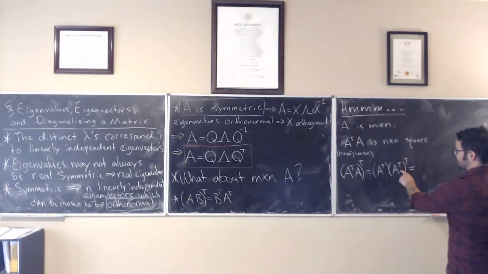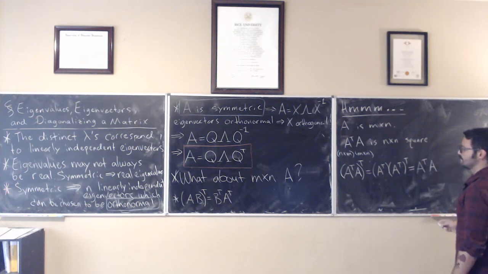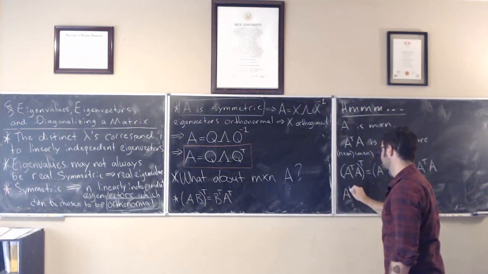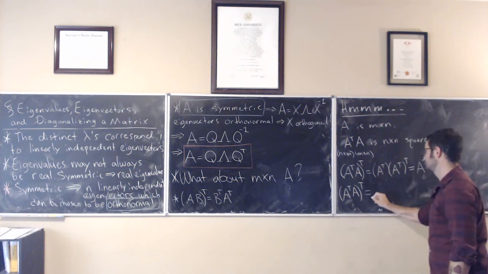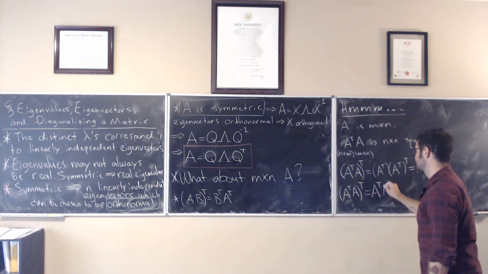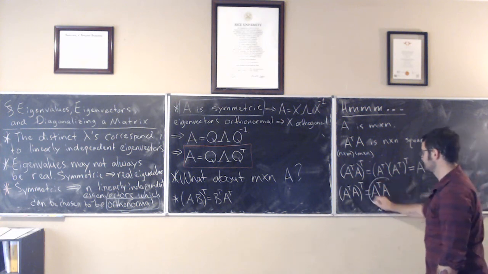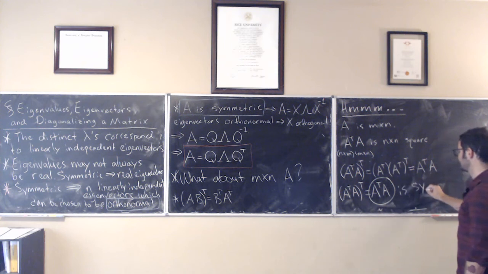The transpose of a transpose is just itself, right? Wait a minute. A transpose times A, all transposed, is equal to A transpose times A. This is symmetric.